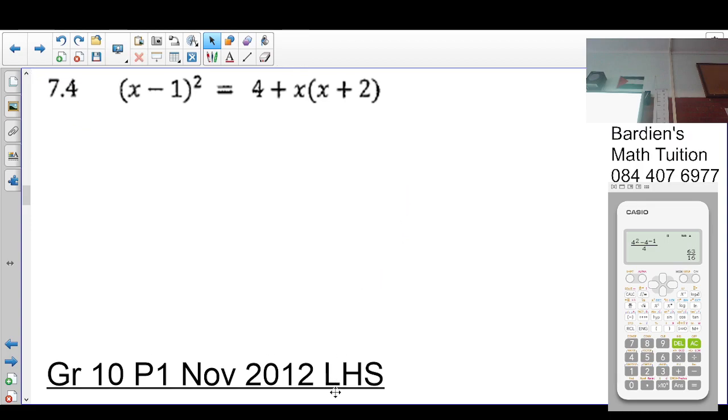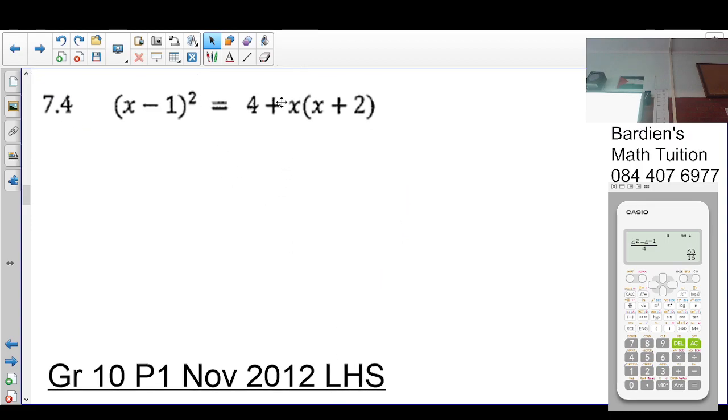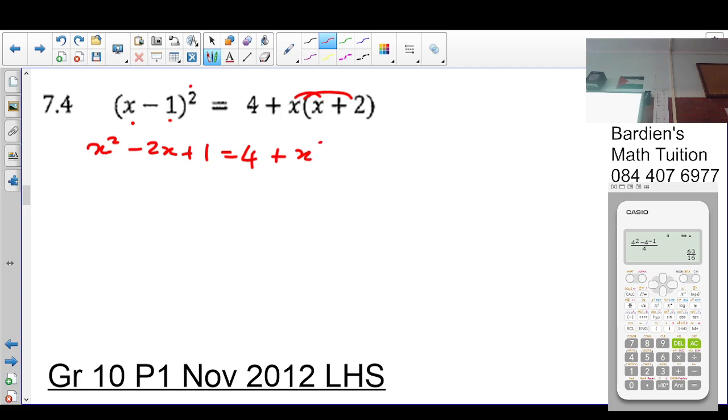That must be done first. Binomial squared. So I square the first term. What do I get? X squared. That times 2 gives you negative 2x plus 1 is equal to 4 plus x squared plus 2. Now what do you notice? If I bring that x over, it becomes x squared minus x squared.